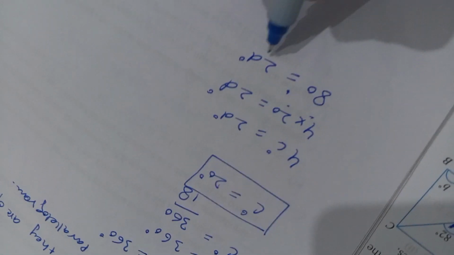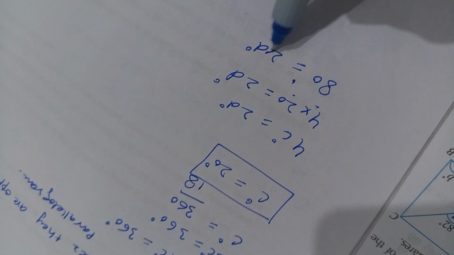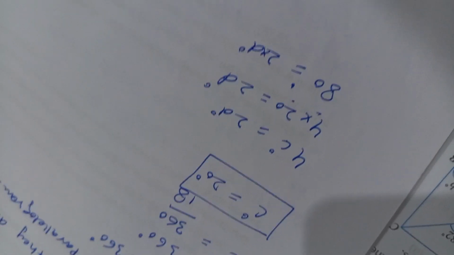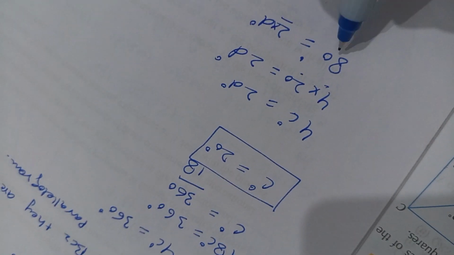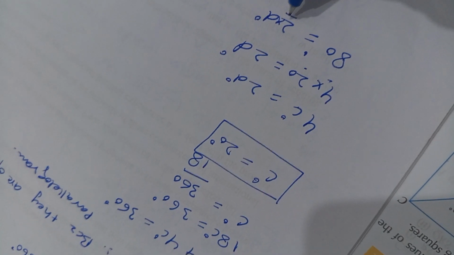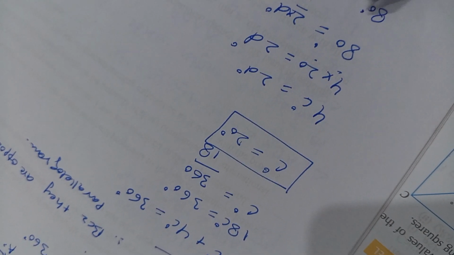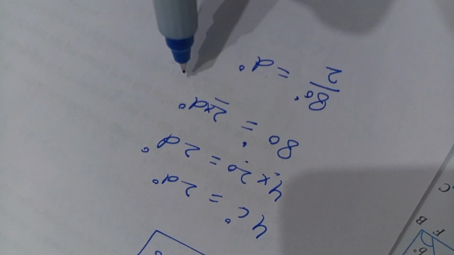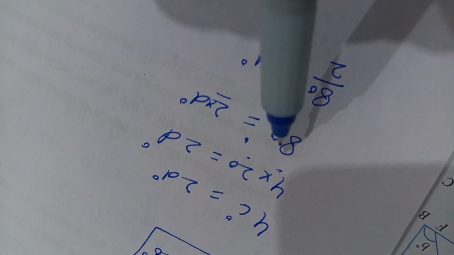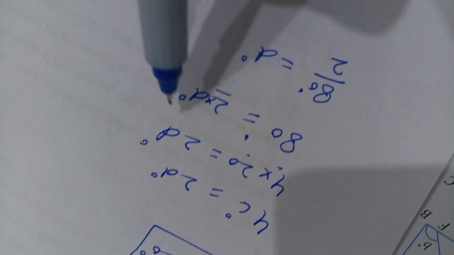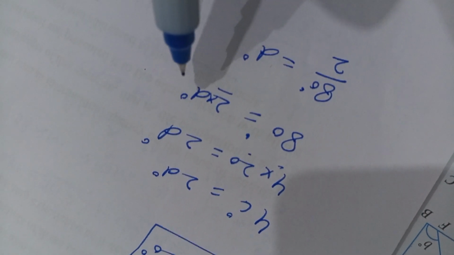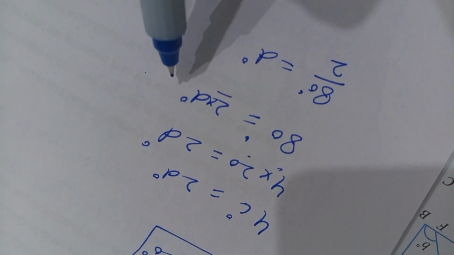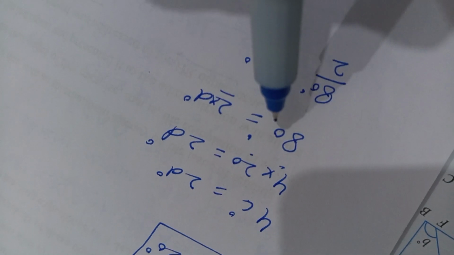So now 2 is in multiplication. If this 2 moves to the other side of the equation, it converts to division, so divided by 2. So we'll divide 80 by 2, that will equal d. That's a rule of equations: if anything on one side is in positive terms and it moves to the other side, it becomes negative, and if it is negative and moves to the other side, it becomes positive.